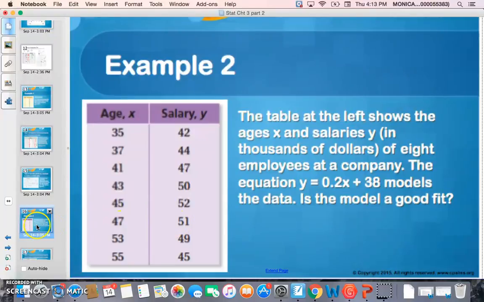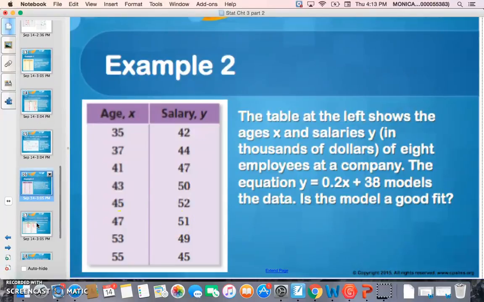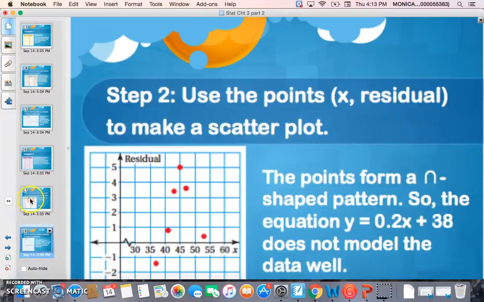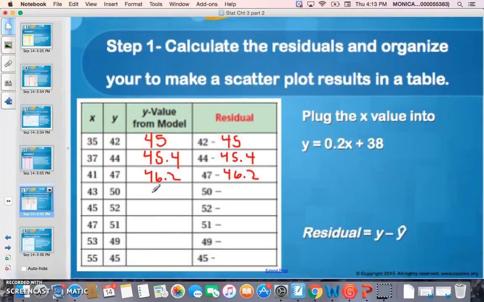And so what's the first thing I'm going to do? Yes, I am. I'm going to calculate my residuals. I'm going to find out how far these points are away from the predicted values that I get from using this model. Oops, gave you a sneak preview there.